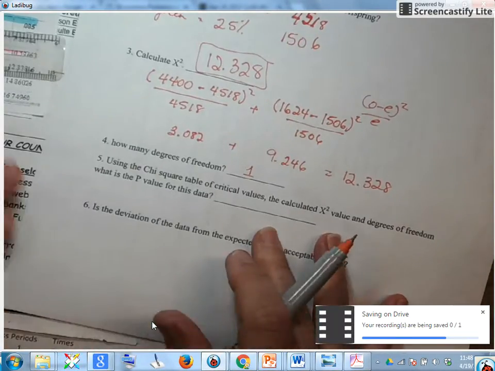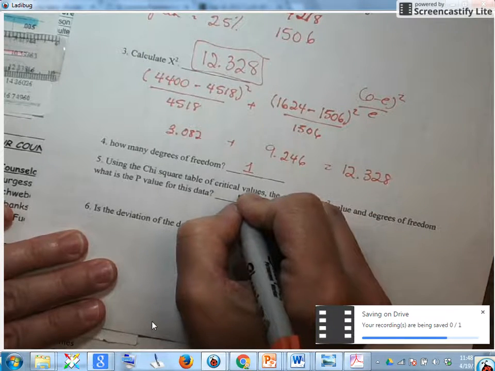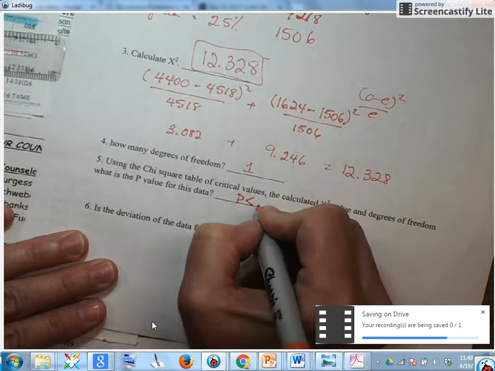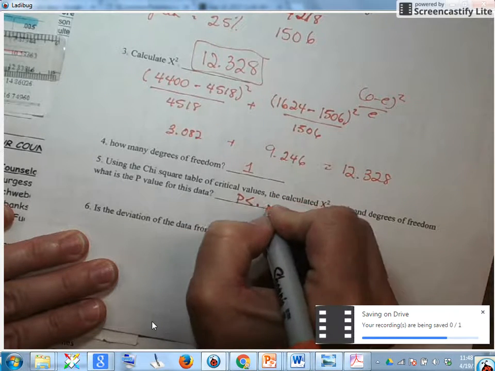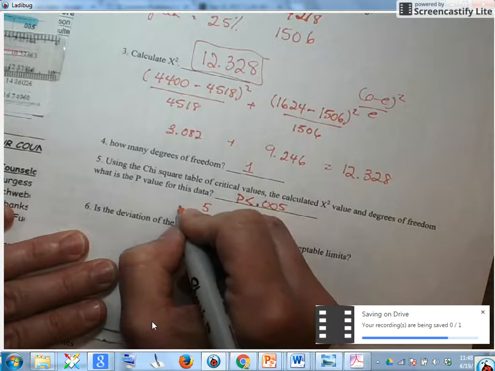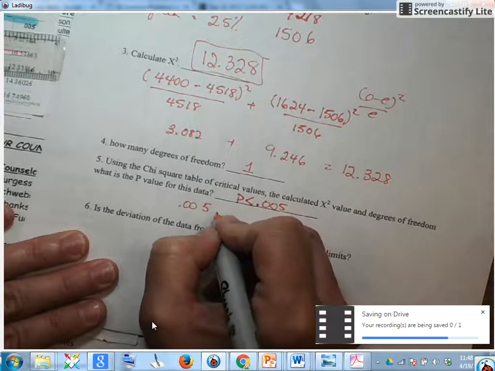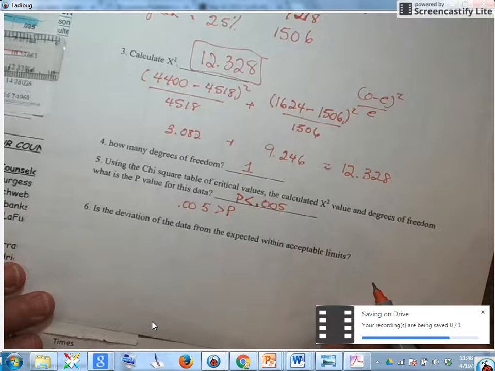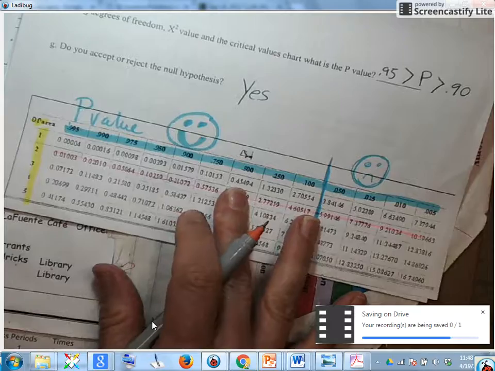So, our p-value is less than 0.005. One more time, we're looking for 12.328.